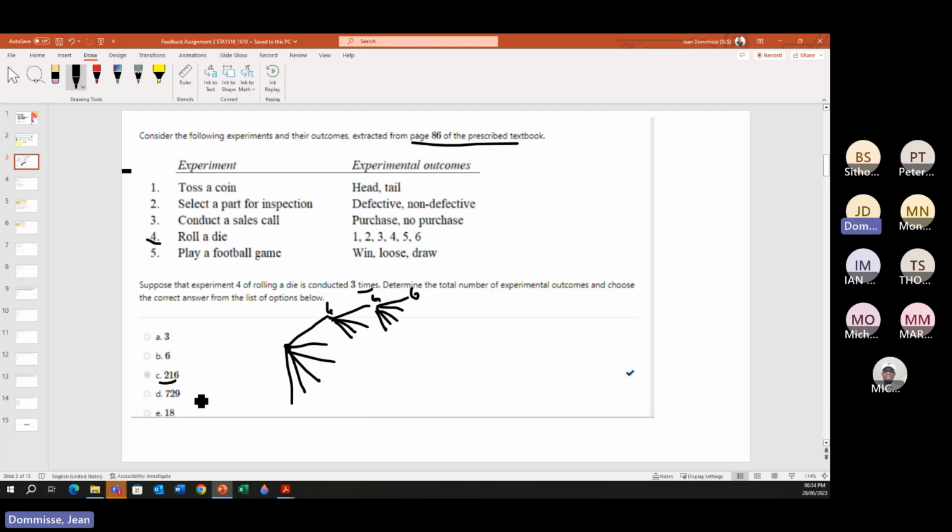So no, that will also not work. So let's just see. It couldn't have been 3. It couldn't have been 6. And 18 is when you just say 6 plus 6 plus 6. Okay, so that is why 6 times 6 times 6 gives you the 216.